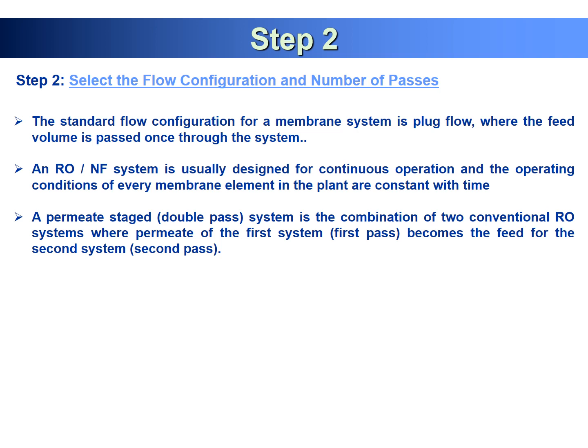A permeate staged double-pass system is the combination of two conventional RO systems where the permeate of the first part becomes the feed for the second part, which will increase our overall water quality. We can use second pass, third passes. So we decide which flow configuration and number of passes.